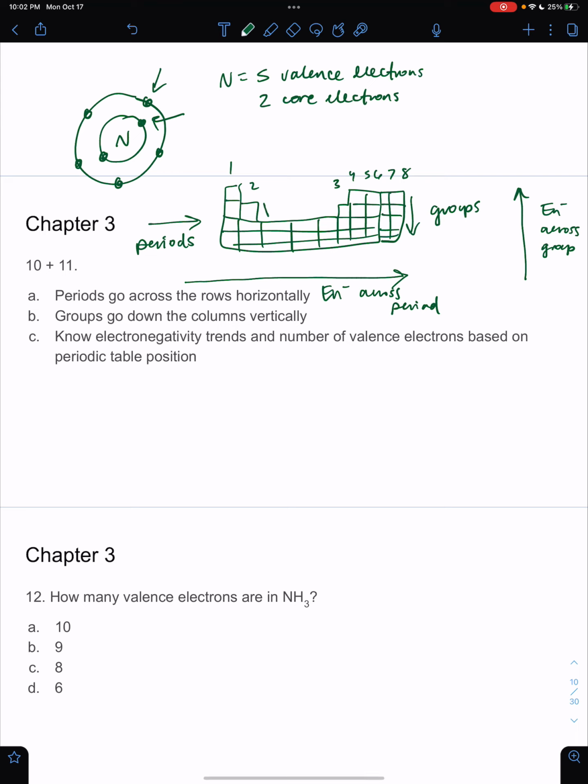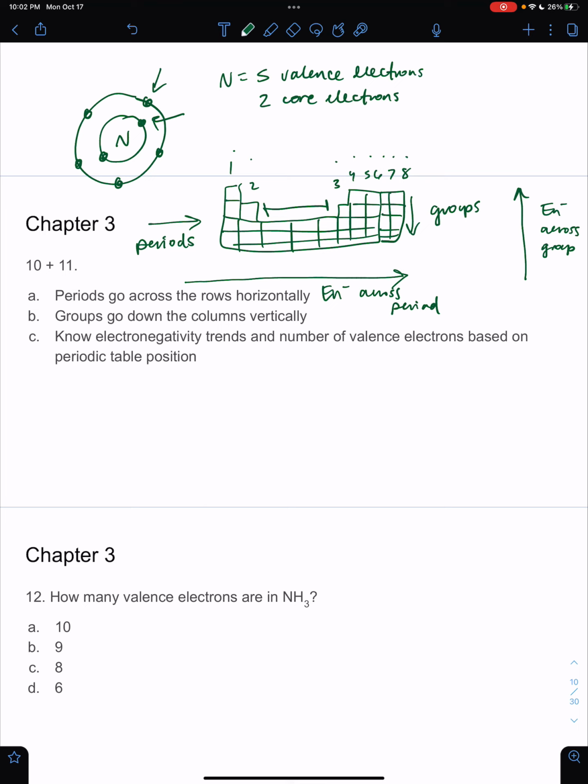We're going to skip the transition metal part. We're going to do the 2 columns over here, 1, 2, and then continue over here.